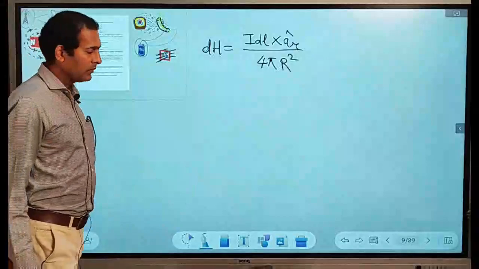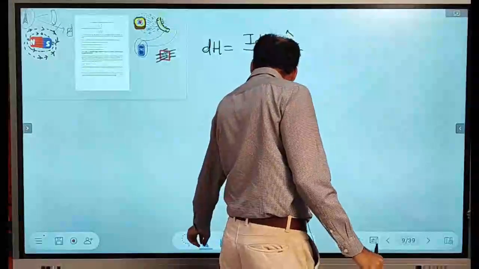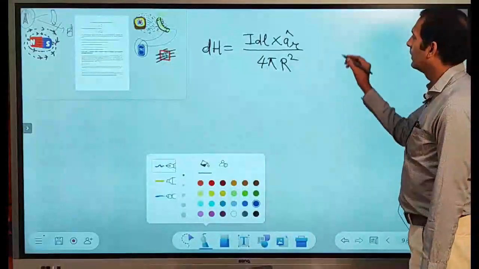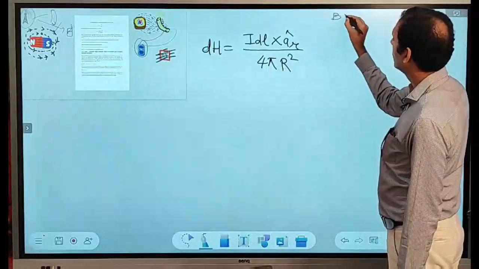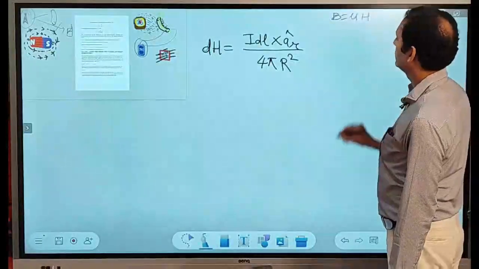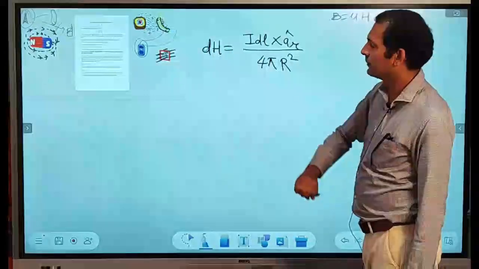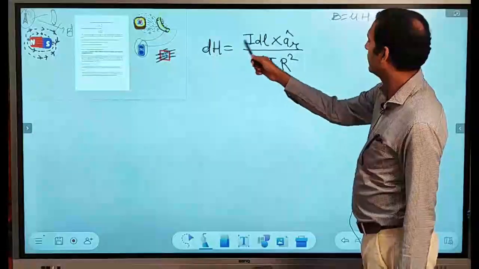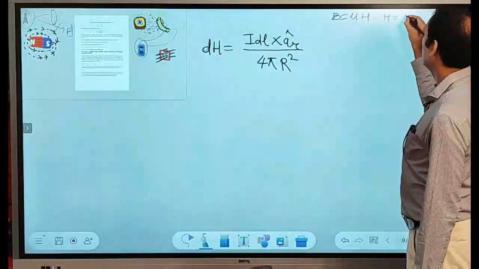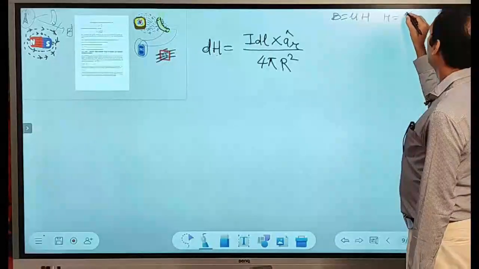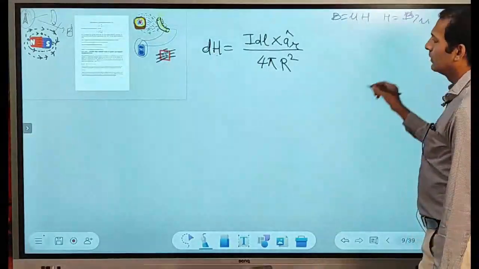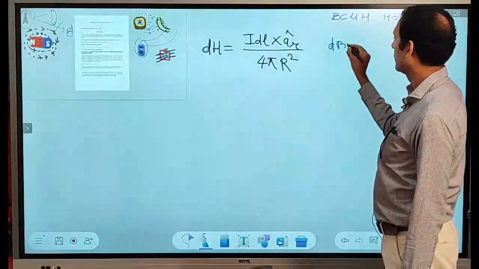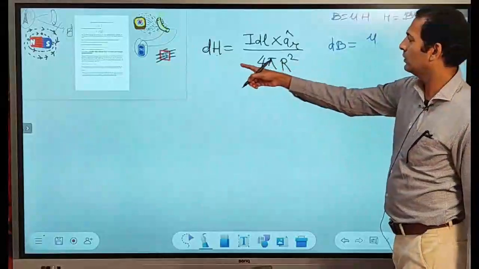Now this same expression we can write in terms of B, the flux density. We know the relation between H and B: B is equal to mu H. So if I have to write it for B, H equals B by mu, and dB is equal to mu times dH.